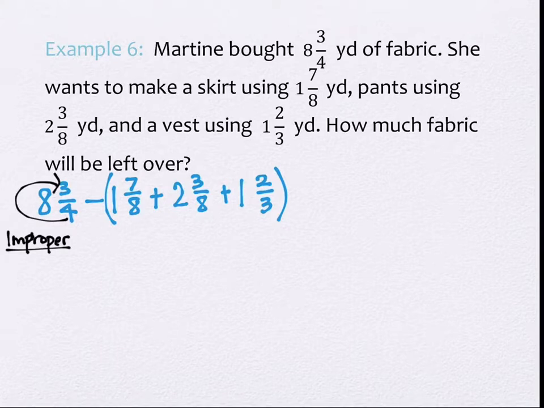I have 4 times 8 is 32, plus my 3 on top is 35 over 4.